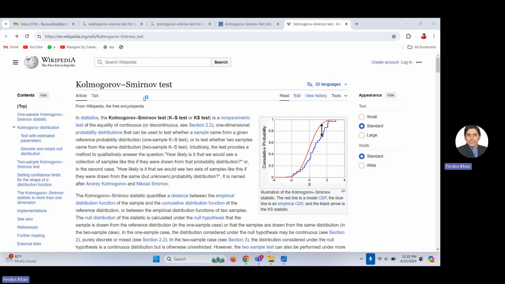I also want to mention that you need this test in data analysis when you need to confirm that data belongs to some distribution, for example in psychology, economics, econometrics, and any type of data analysis. In the next video, we will talk about the two sample Kolmogorov-Smirnov test in Python.